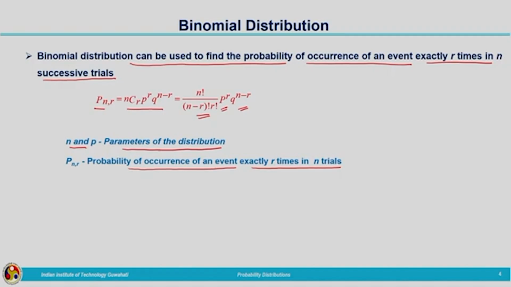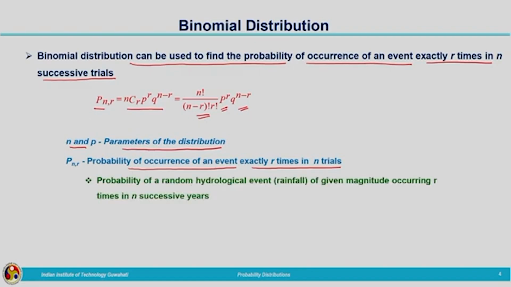Then failure is the probability of getting tail in n minus r numbers out of n experimental trials. So, we do not have to separately mention what is the probability of failure. It can be written as 1 minus probability of success. That is why total number of trials n and the probability of getting a particular event r times, n and p are considered as parameters of distribution.